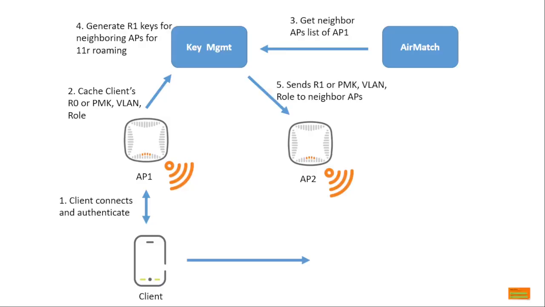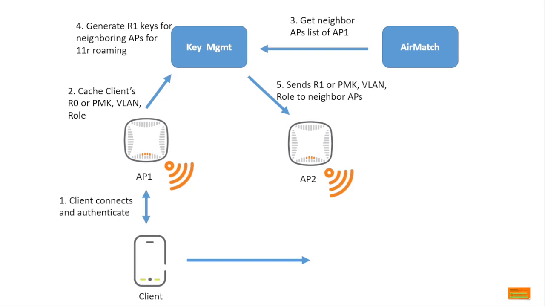Here a Wi-Fi client roams from AP1 to AP2. As you can see, the client initially connects to AP1 and authenticates in step 1. After the authentication, information such as the pairwise master key R0, that is, PMK level 1 keys, we call it PMK R0, those keys, VLAN ID, and role are cached by AP1 and sent to the key management service.